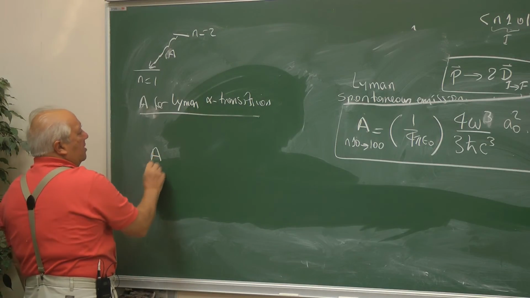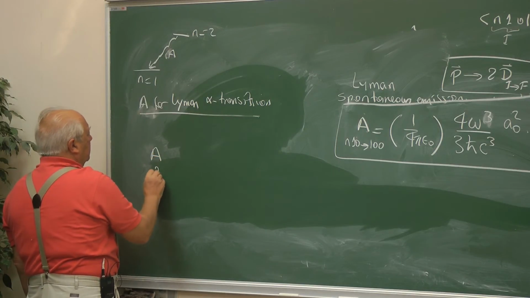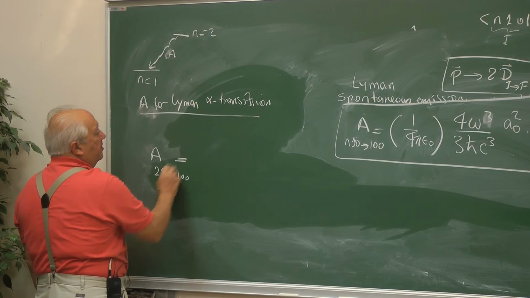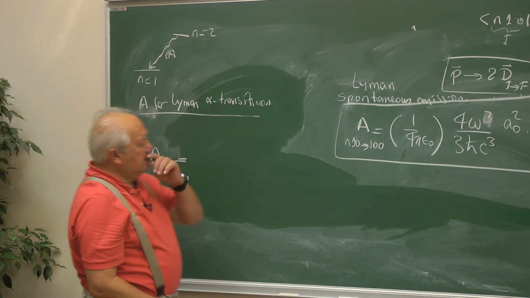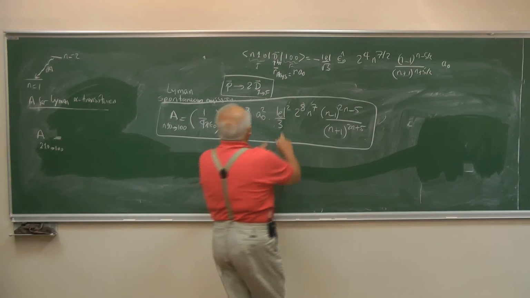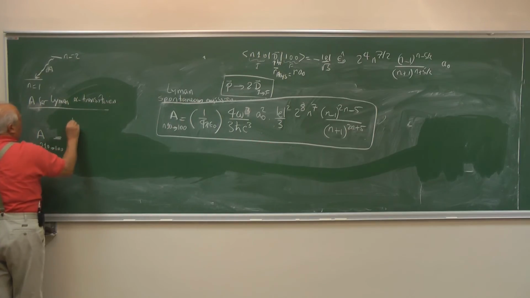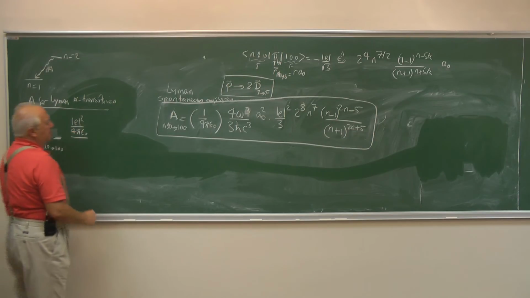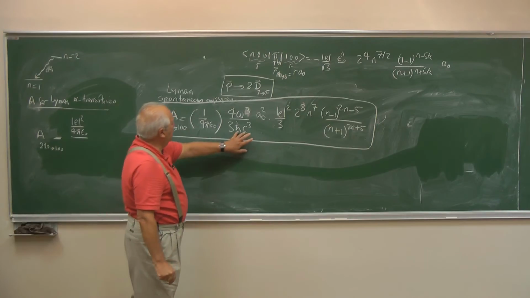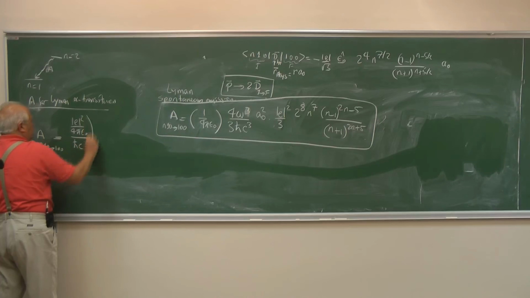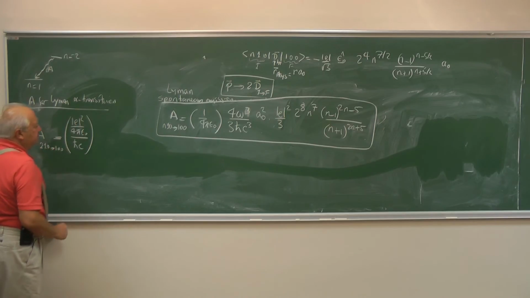So A for 2 1 0 going to 1 0 0. Now let's see what we have here. e square over 4 pi epsilon 0, divided by, I take an h bar c here, h bar c. So that's one combination.